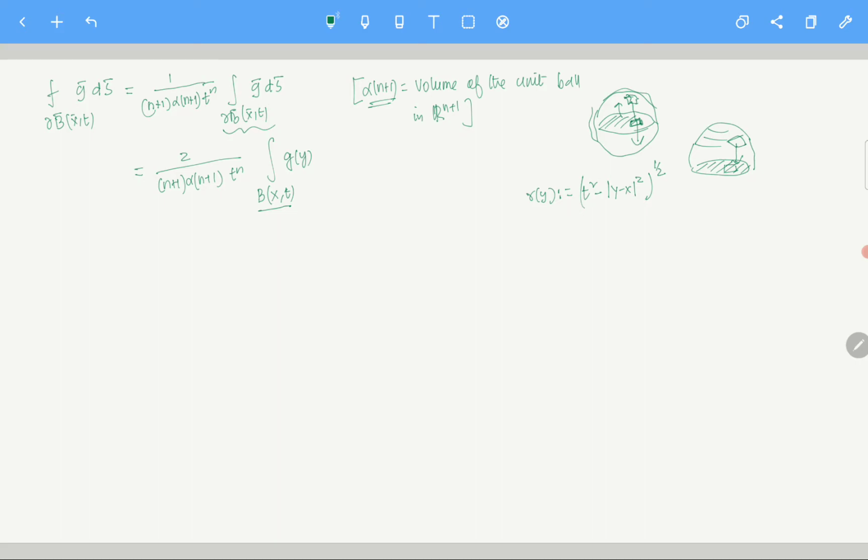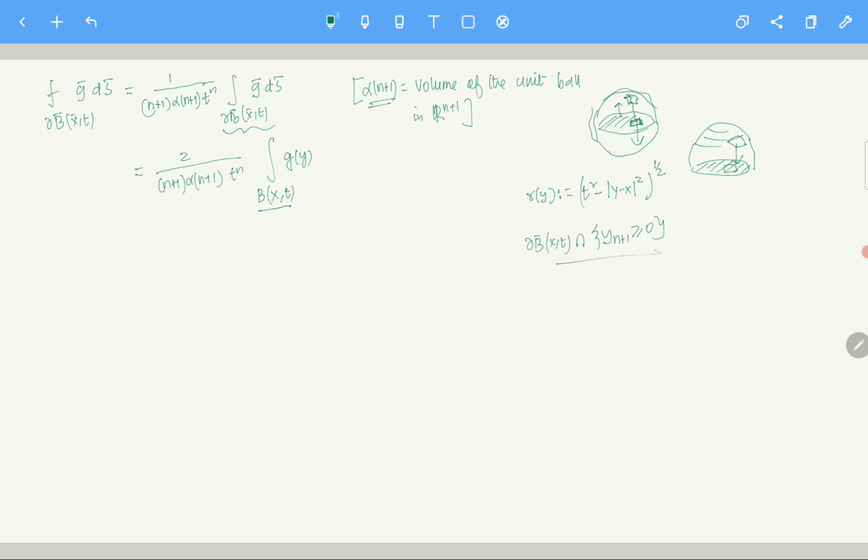The upper half is a graph of that function. So the upper half will be the boundary of B bar (x,t) intersection y n plus 1 greater than or equal to 0, right?